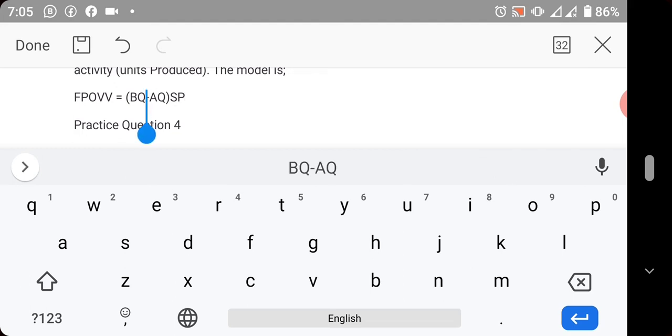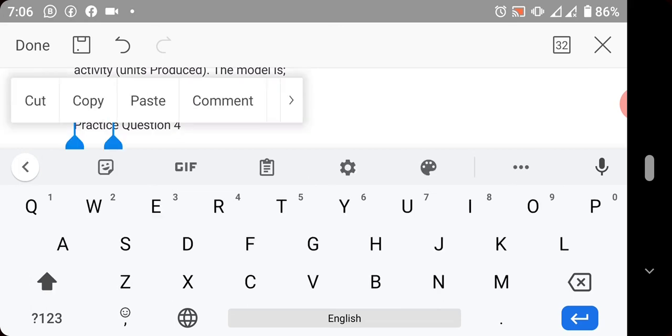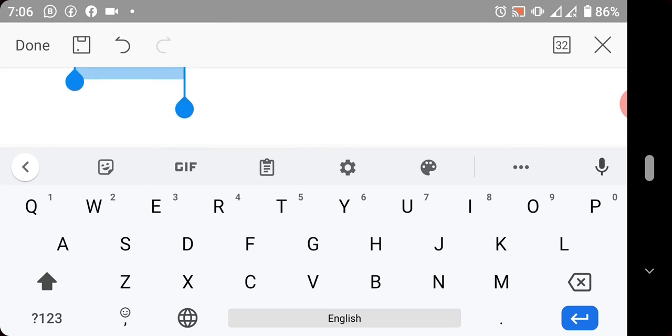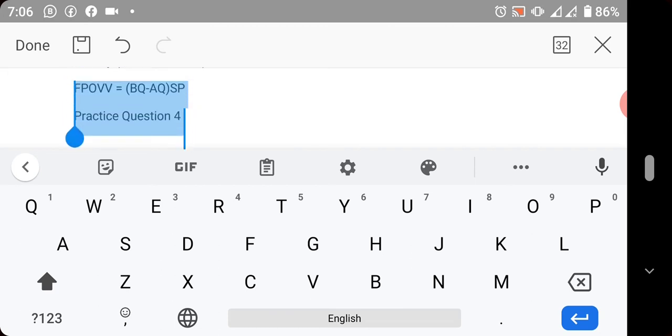So let me correct this: budgeted quantity minus actual quantity times standard rate. With this, we'll now take a question to buttress our point. It's going to be easier for us to do this.